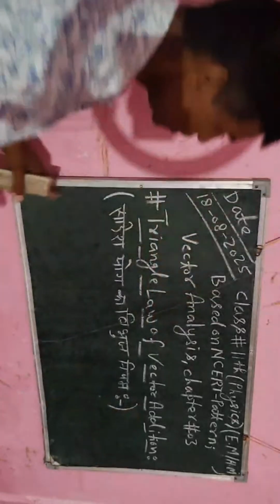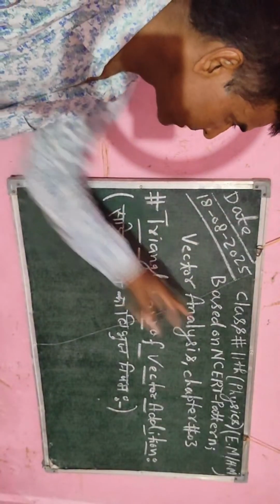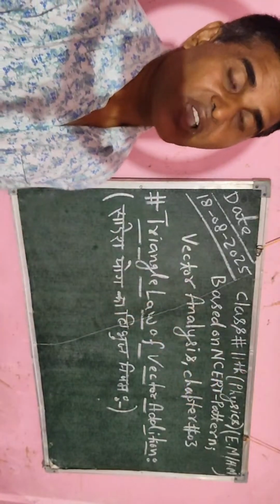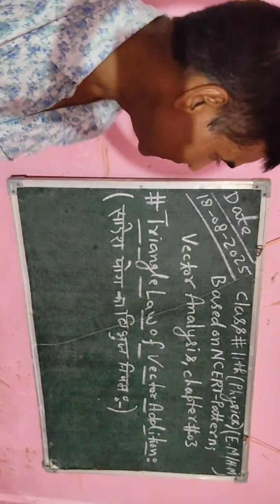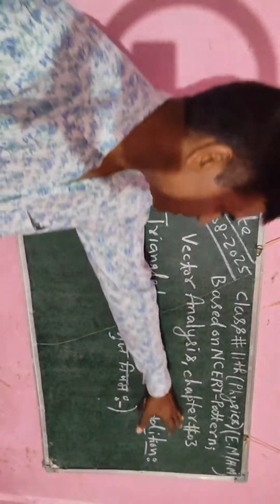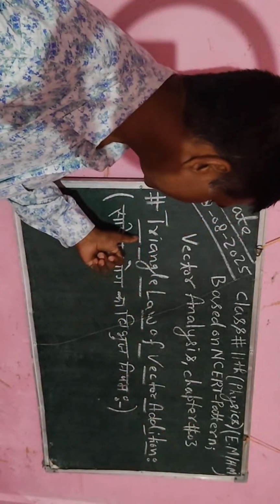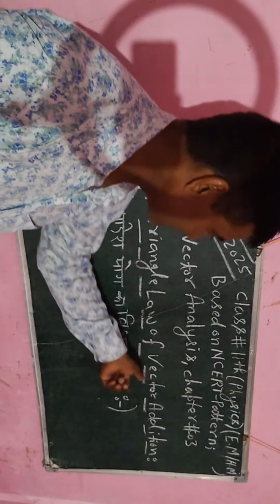Okay, so this topic is of class 11 physics, and these are free online coaching classes, so take advantage of them in detail. Okay student, in vector analysis this is chapter number 3, and in this chapter I am explaining the real concept of the triangle law of vector addition.